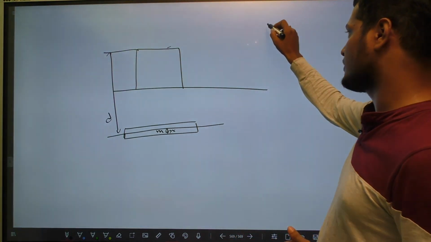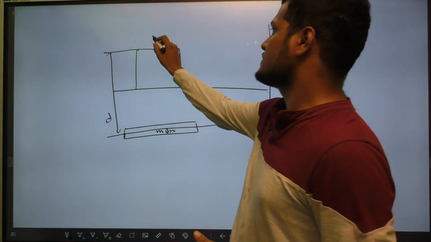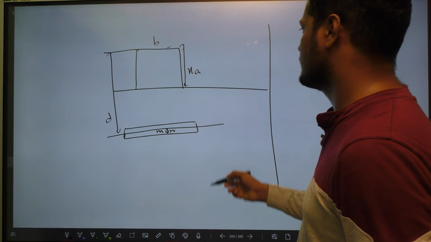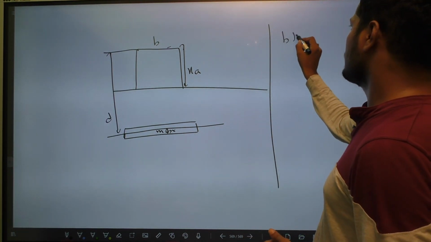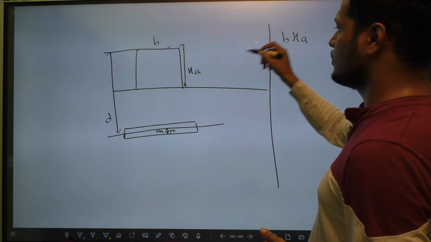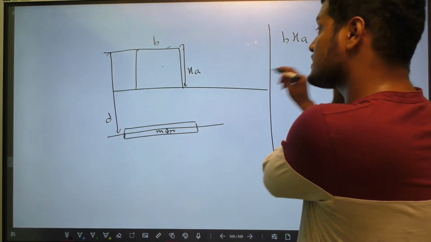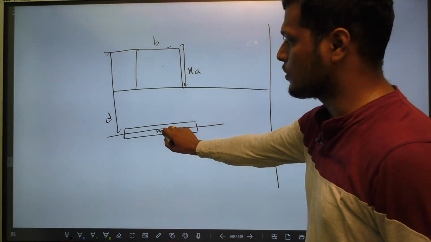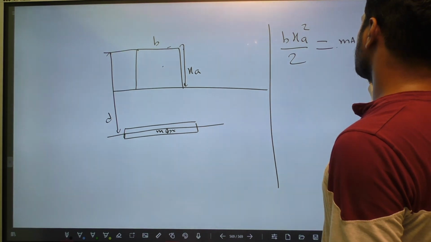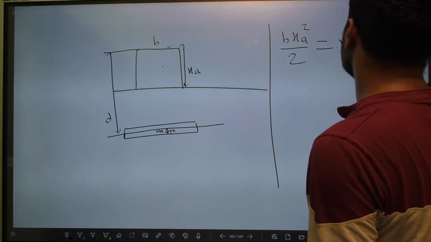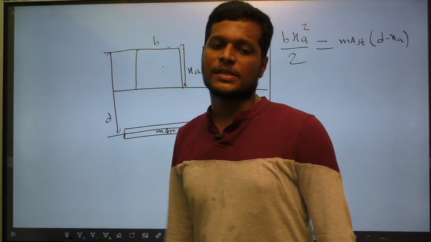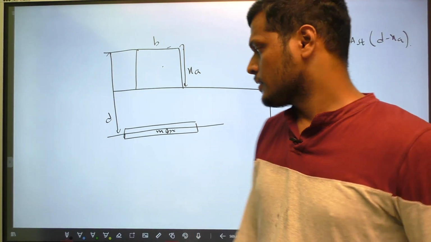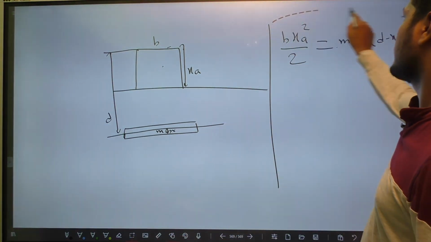If the width is B and the depth is xa, then B into xa into xa/2, that is B xa²/2, is equal to the moment of the steel area: m into Ast into (d − xa) with respect to the neutral axis. By simplifying this equation, I can find the actual neutral axis. The actual neutral axis is not important from the exam point of view.